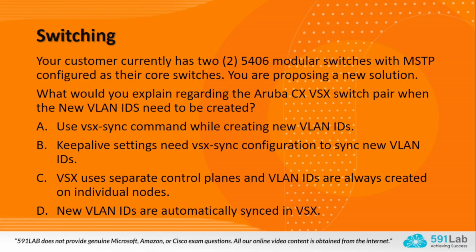Keepalive configuration does not include VSX sync configurations. This is wrong. Option C, VSX uses separate control planes and VLAN IDs are always created on individual nodes. In VSX, control planes are separate, but VLAN creation is not always on an individual basis because it can be synced. So this is not correct.